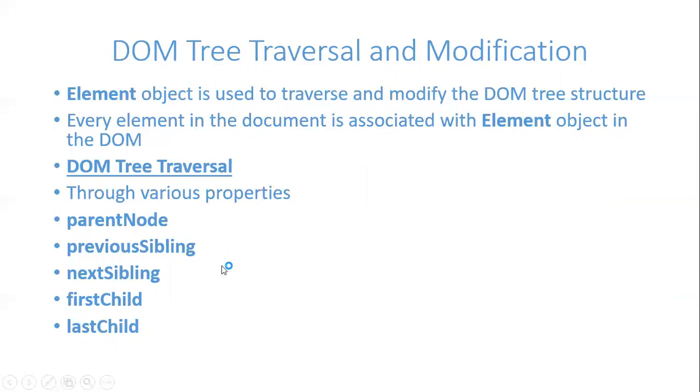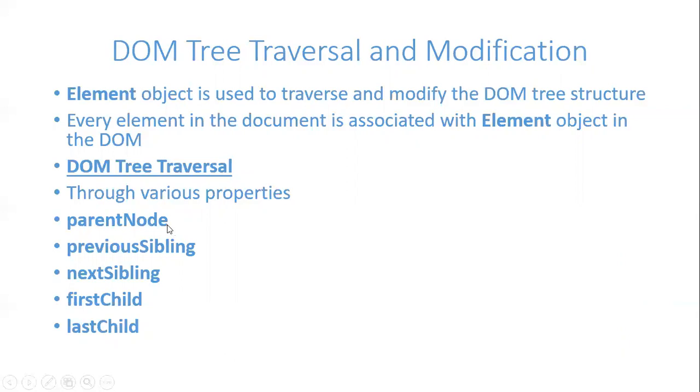Every element in the document model is associated with the element object. So how do we traverse? We have these properties: parent node, previous sibling, next sibling, first child, and last child. How do we use these? Element dot parent node, element dot previous sibling, element dot next sibling, element dot first child, and element dot last child. What is the use of this?